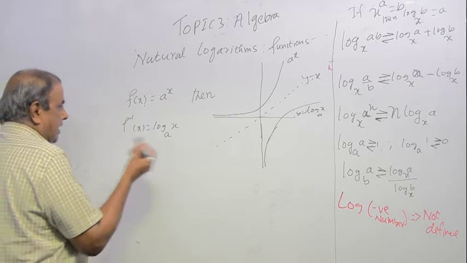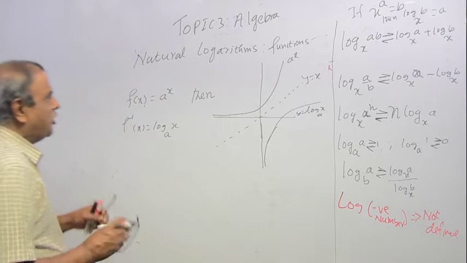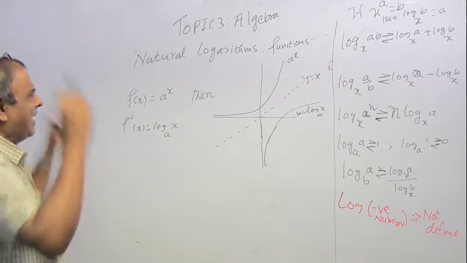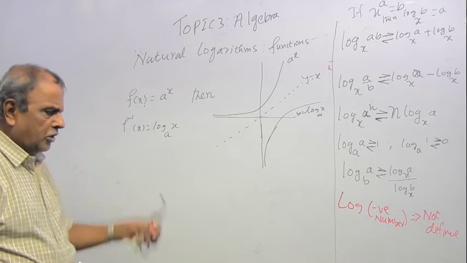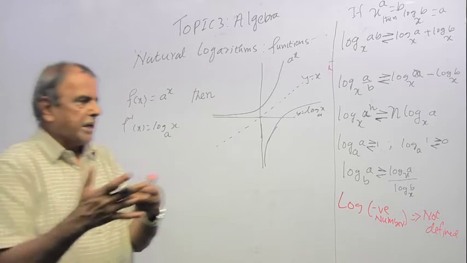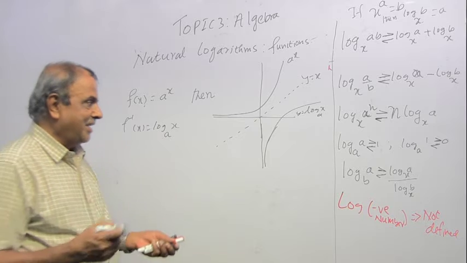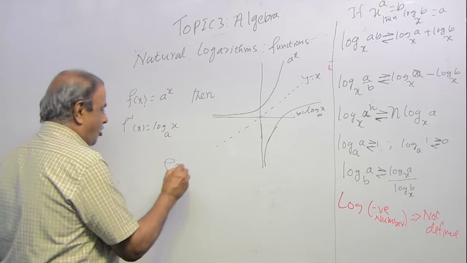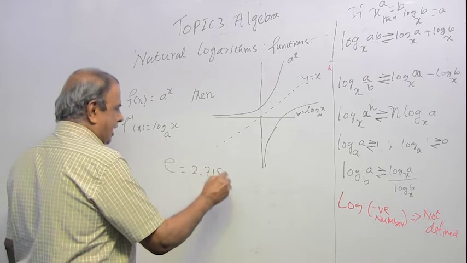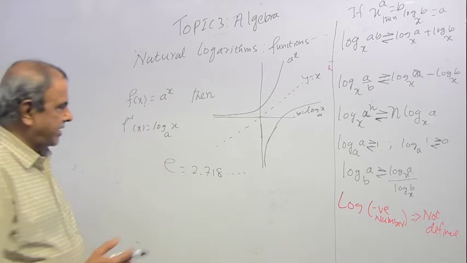But more importantly, we don't use a letter a. What happened was, even though it's very convenient to use base 10 and it's a bit cumbersome to use base 2, base 5, base 7, imagine there is a number called e, which is 2.718 something, which I will discuss in detail later.